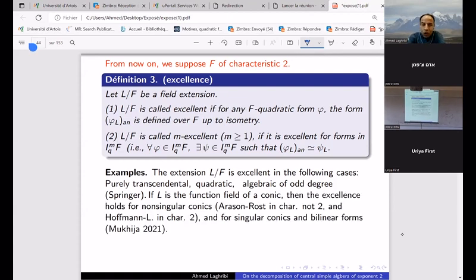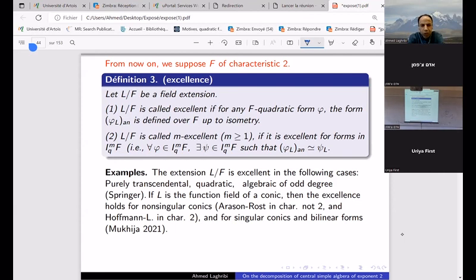Then the excellence holds for non-singular conics, for bilinear and quadratic forms, both. But we have to take non-singular conics. So in characteristic not 2, it was done by Arason first, and after that by Rost. Rost found a very elementary proof. And in characteristic 2, I did it with Hoffman. We just took the same arguments by Rost and adapted the proof.